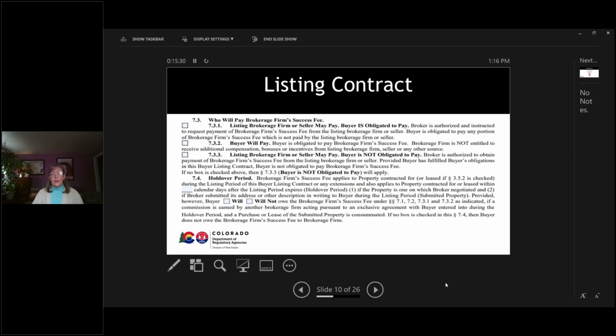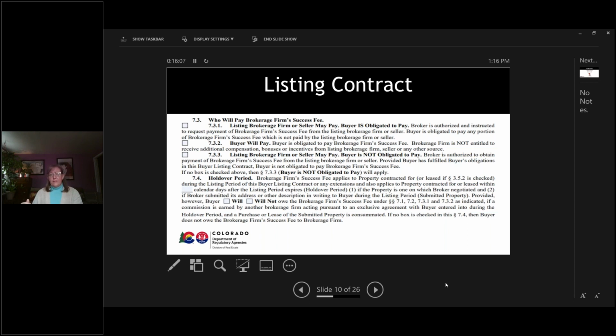The reason that we're bringing this up is sometimes what we've seen is if you've got a listing and maybe they have listed with a broker that charges a flat fee, and the cooperating commission that that listing agent is going to pay a buyer's broker is not equivalent to what the buyer and their broker have negotiated as a commission, and they've checked that first box saying that regardless, the buyer is going to be responsible.